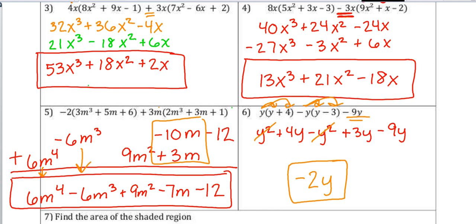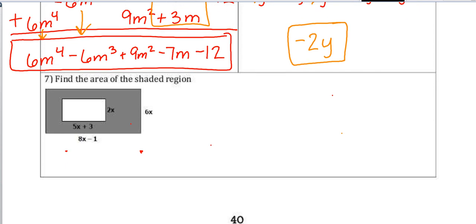All right, last one in this set of notes. Lots of red dots here. Is our geometry example. So we need to find the area of the shaded region, meaning that we need to take this rectangular piece out.